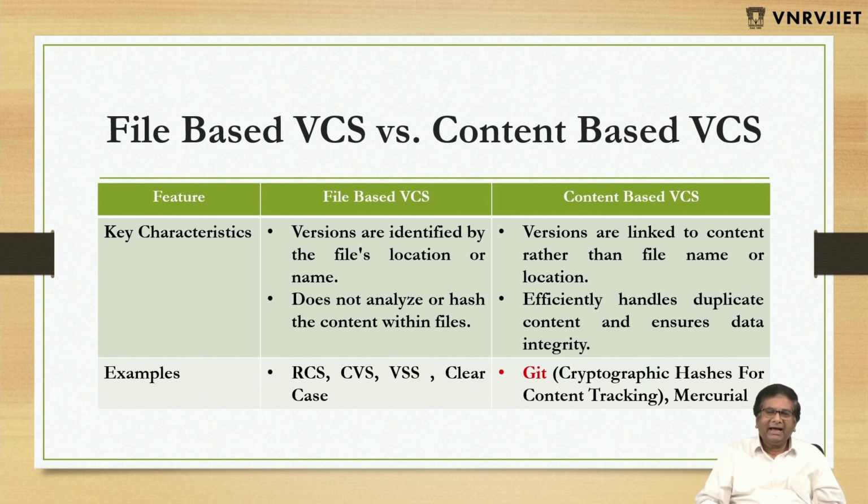So that's why it can store data better. Now, examples of file based systems are RCS, CVS, VSS, ClearCase, etc. Whereas a content based system example is Git, which uses cryptographic hashes for content tracking. There is Mercurial, but we are only focusing on Git today.